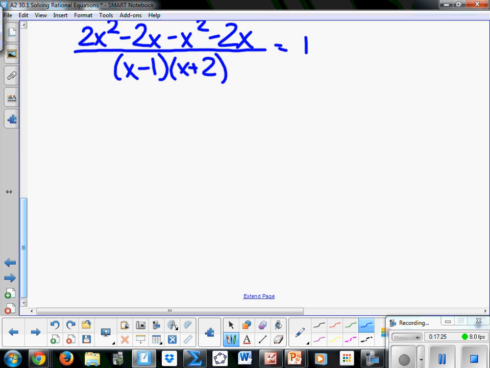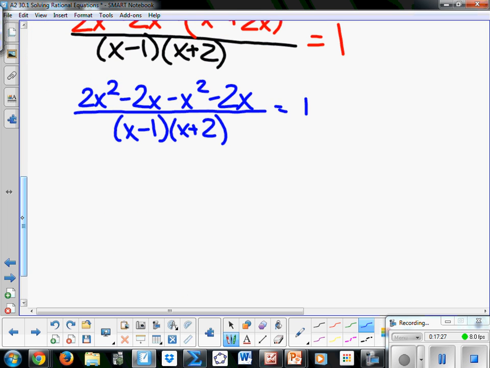Now when I simplify that numerator, when I combine these like terms, sorry, I lost the word there. I know you were screaming it at the screen, but I got there eventually. So we've got 2x squared minus x squared equals x squared.